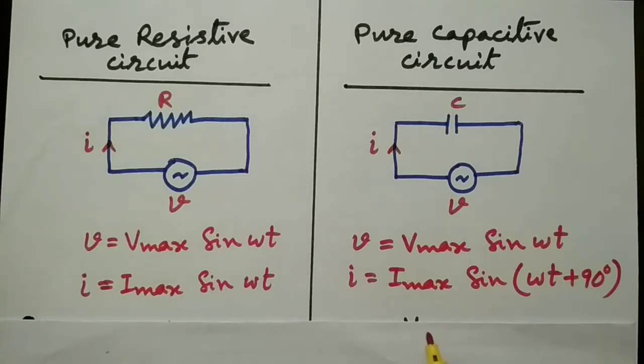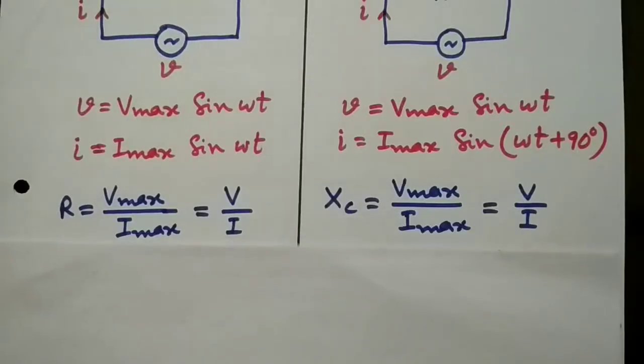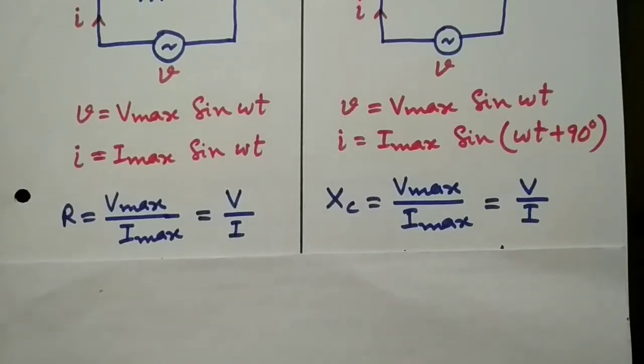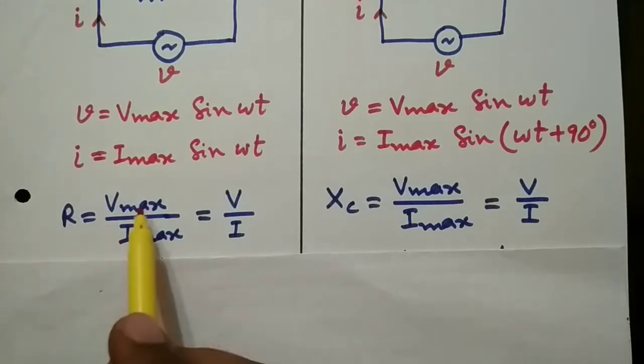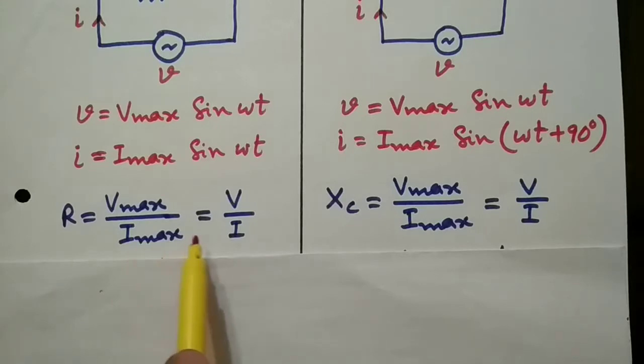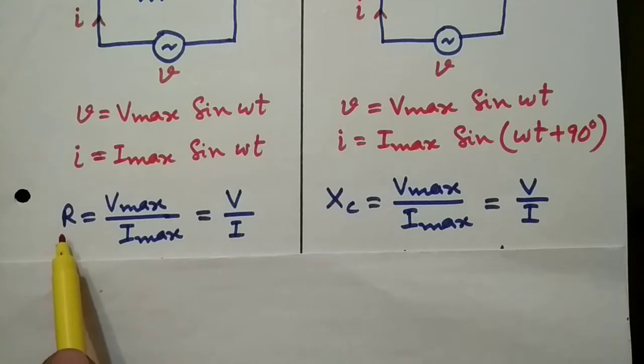On the other hand, in a purely capacitive circuit, if the voltage applied is Vmax sin omega t, then the corresponding current will be Imax sin(omega t plus 90 degrees). The relation between voltage and current for a resistive circuit, that is Vmax upon Imax, or we can say Vrms upon Irms, is considered the resistance of the circuit according to Ohm's law.